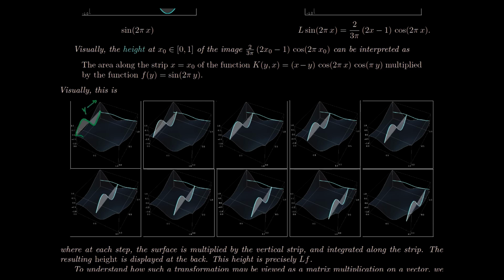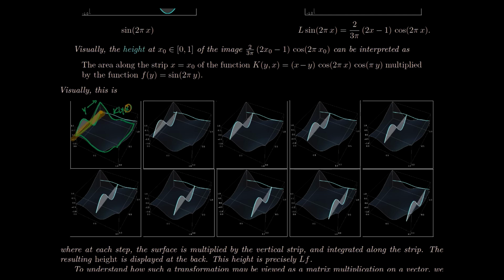I've got my surface. This whole surface is k. The surface is k of y comma x, and I multiply them together. So I'm multiplying sine against k of y x, and then I integrate along the line that I've multiplied them together. And what I've shown here is the output of that integral at one specific place.